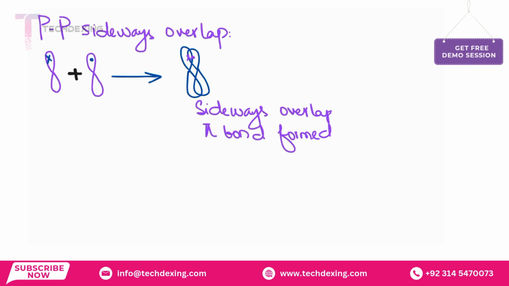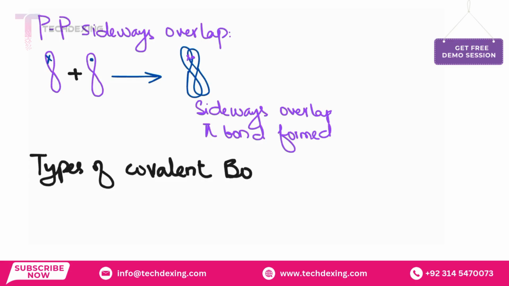So types of covalent bonds, there are two types.